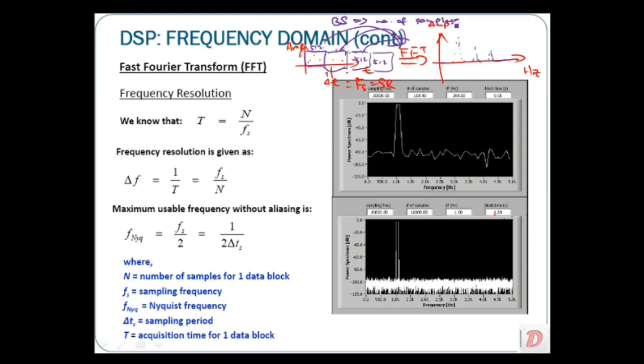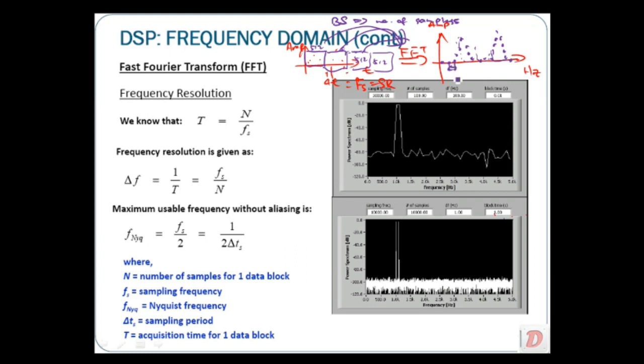This number of samples decides how good our frequency domain or spectrum looks, the resolution in terms of frequencies. It depends on the number of samples and your sampling rate.